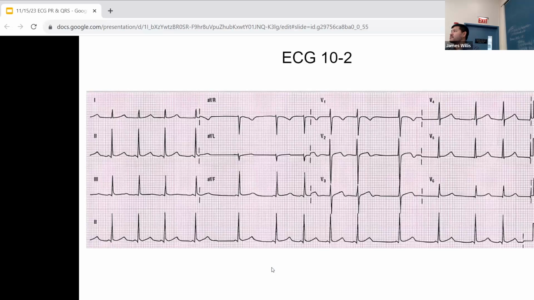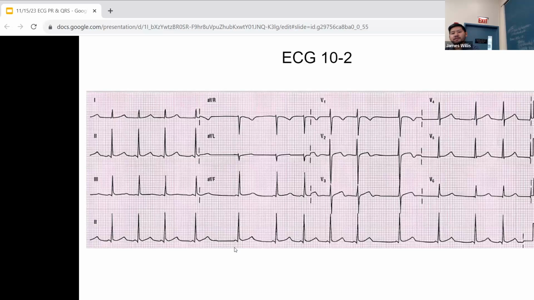Hard to say if it's sinus arrhythmia or a sinus pause. It could be. I think it's sinus arrhythmia. I think in sinus pause you might have a little bit longer break in between.